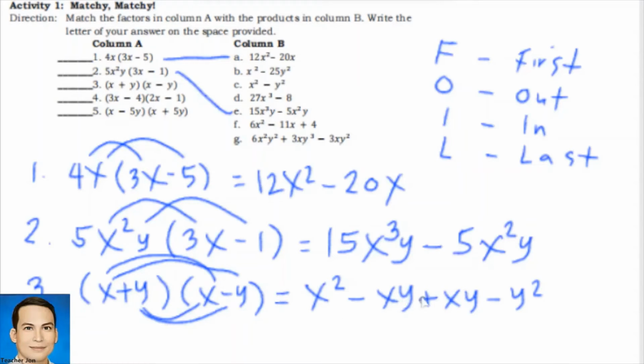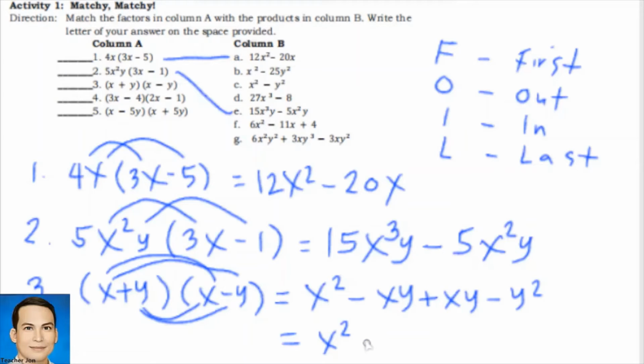As you can see, we have here similar terms. They both contain xy. So we're going to simplify. Copy here the x squared. The negative xy and positive xy undo each other, meaning that becomes 0.